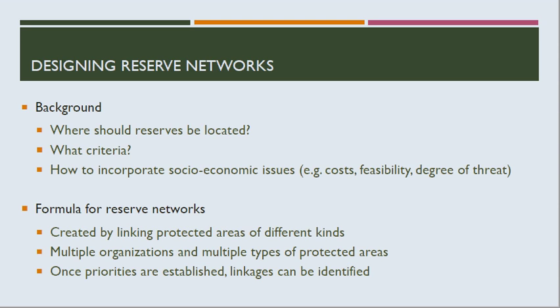And reserve networks enable you to incorporate socioeconomic issues. In other words, being able to establish a reserve in an area where there is significant human use or disturbance, and managing for it, so allowing that human use or disturbance to coexist with the conservation aims with the network of reserves.